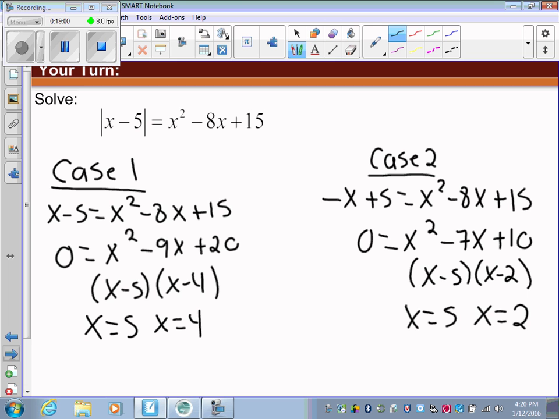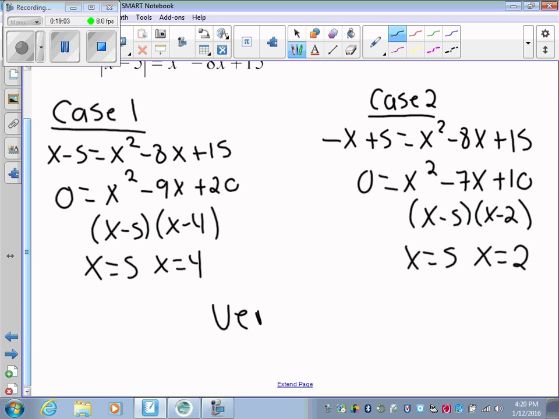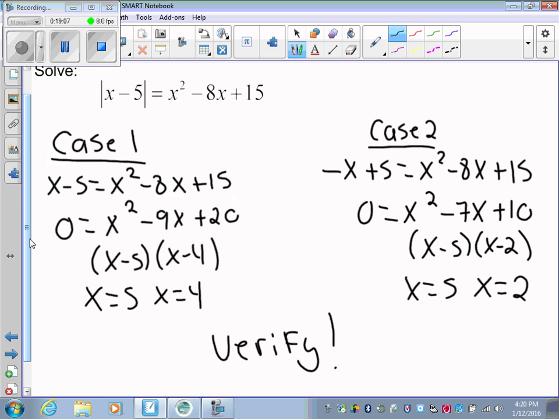From here, you verify to see which ones work. So this one would work.